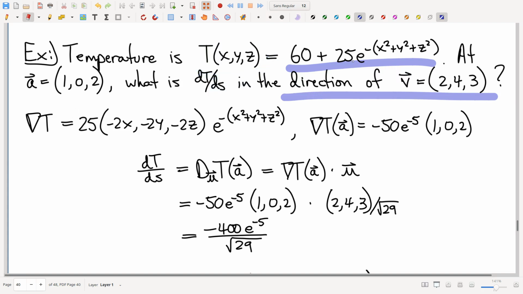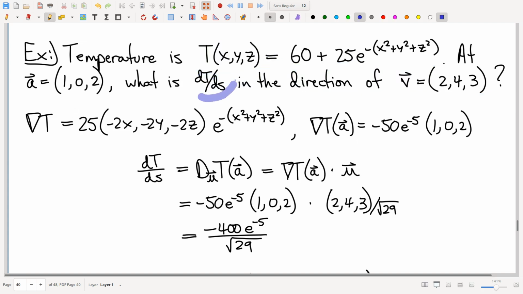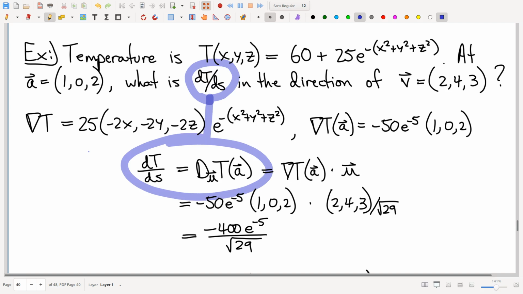The difference is that in this case, the question asks for dT/ds, rate of change with respect to distance. And as we saw on the previous page, this is one of our primary interpretations of directional derivative. That's what the directional derivative gives you: how much is the function changing per unit distance traveled in the direction of your given unit vector?